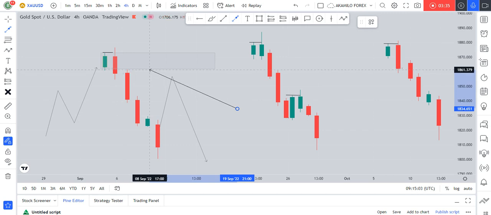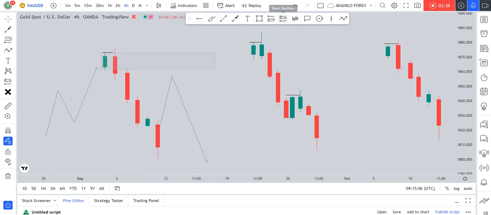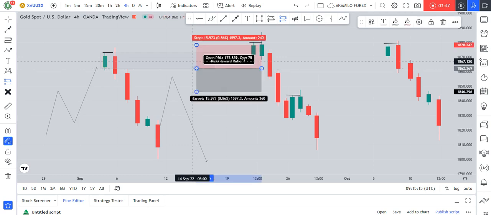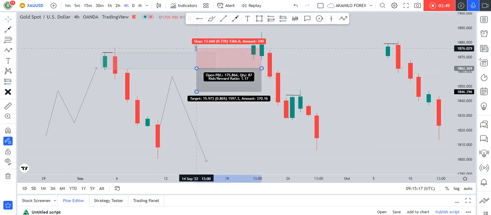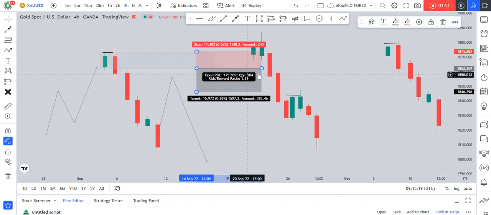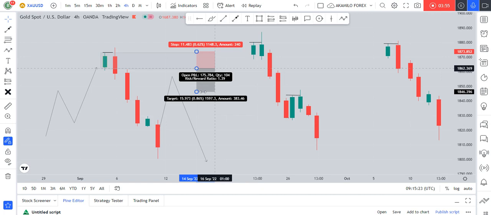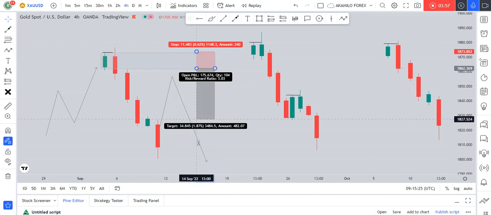They end up missing trades, and then most traders also lose or get trapped using that kind of order block, because they will put their entrance here, and then their stop loss will just be at the end of the green candle, which they choose as the order block.